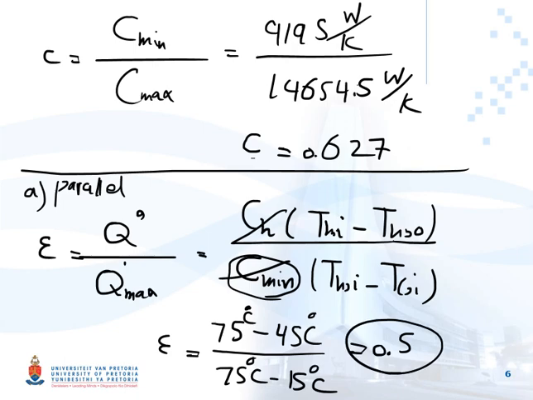So now we have two values that we might need for the next steps, and epsilon is 0.5.